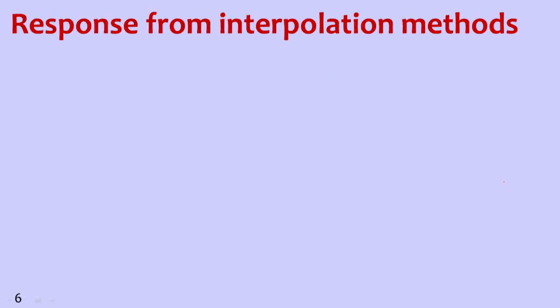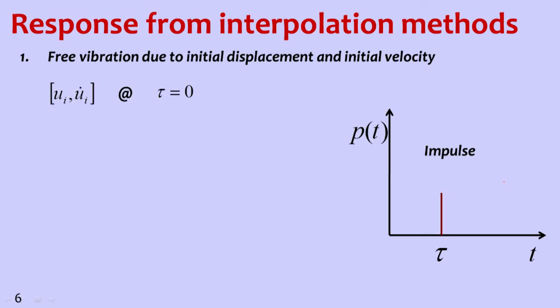Now first one is response due to initial conditions. So that means some force is acting up to this point. What are the initial conditions at this point? We need u at i, u dot at i, at tau equal to 0.